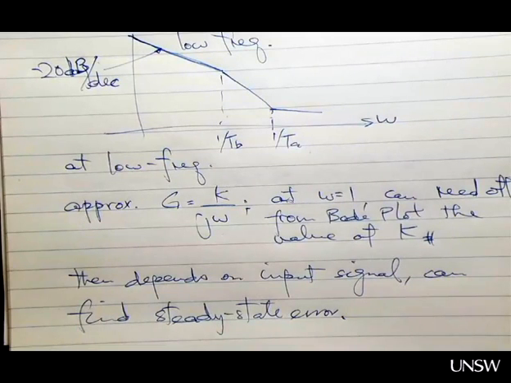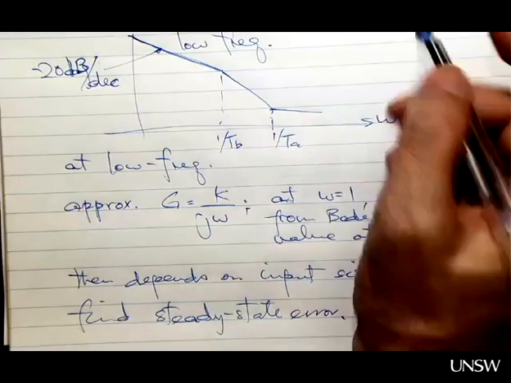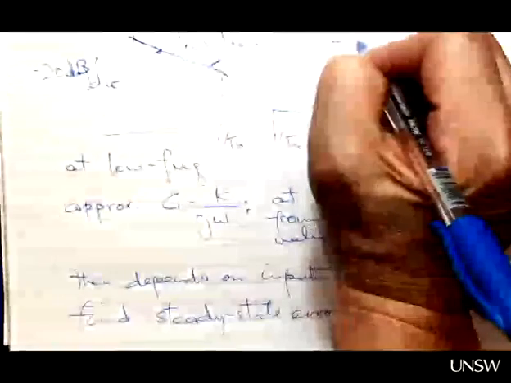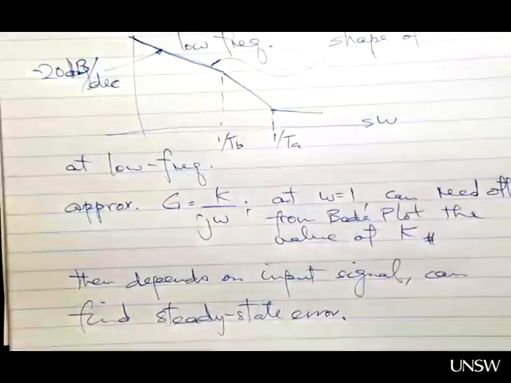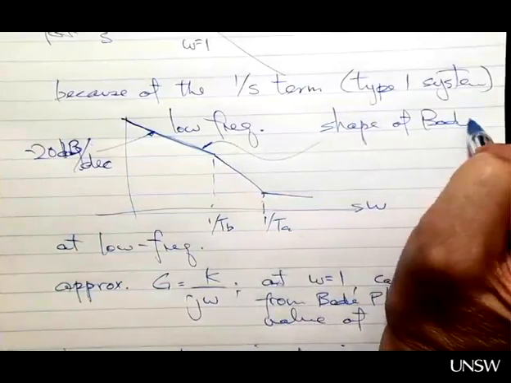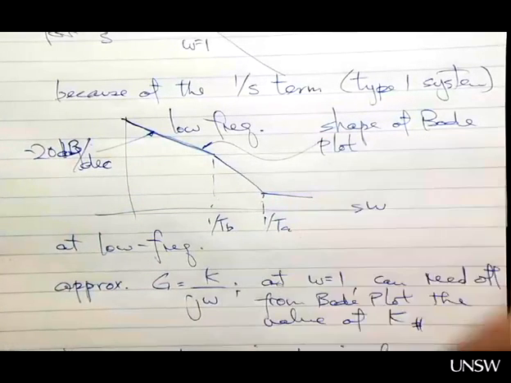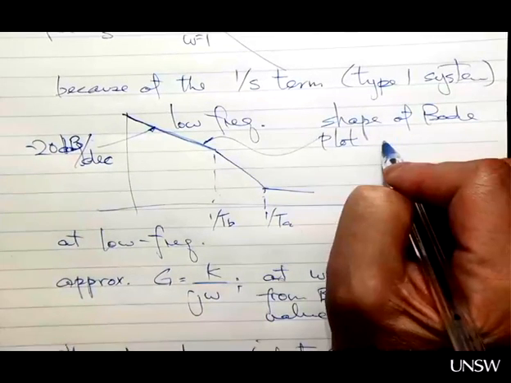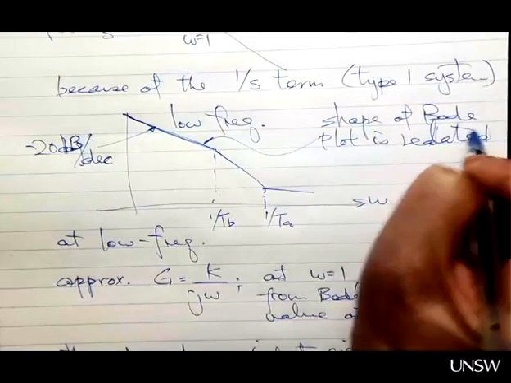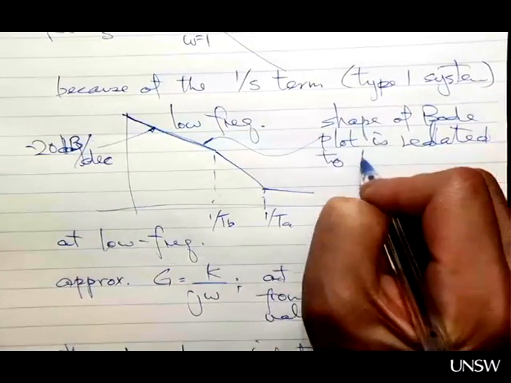Okay, what we can see here is that the shape of the Bode plot is related to the type of system.